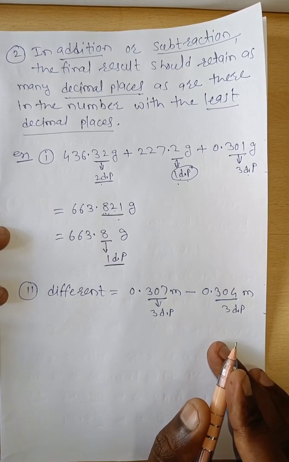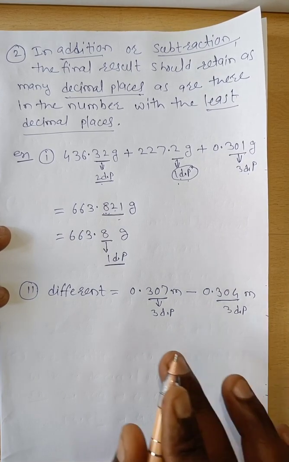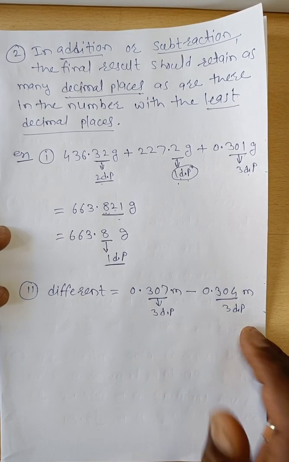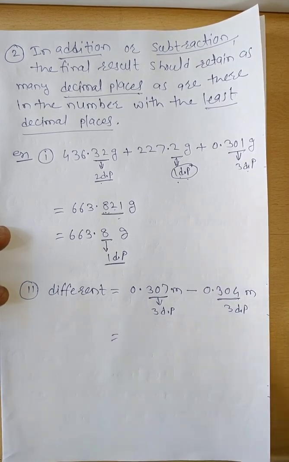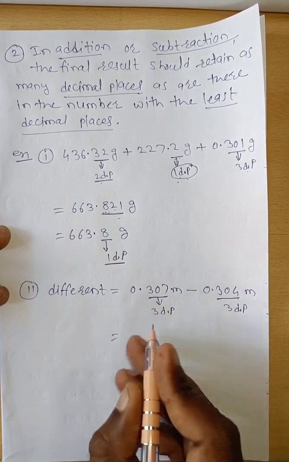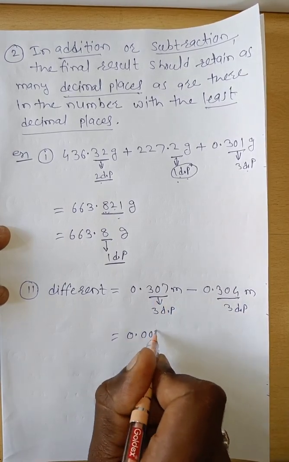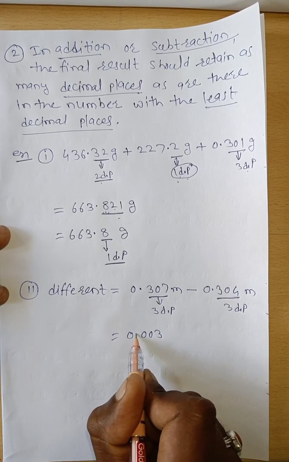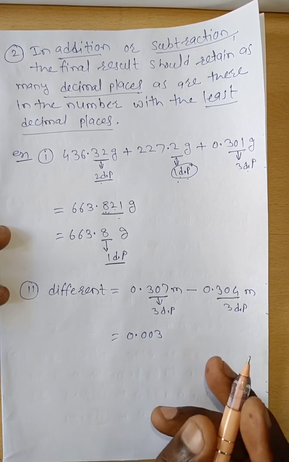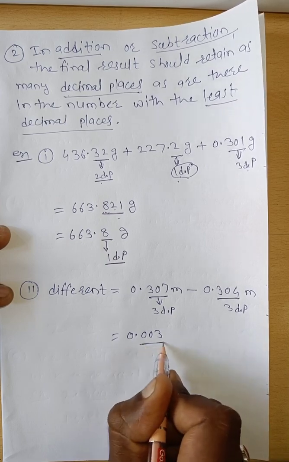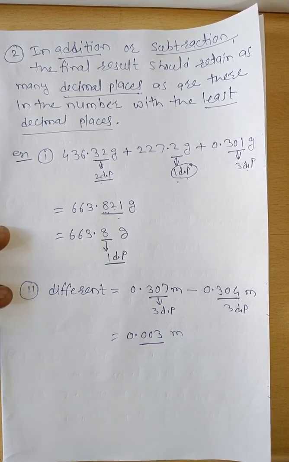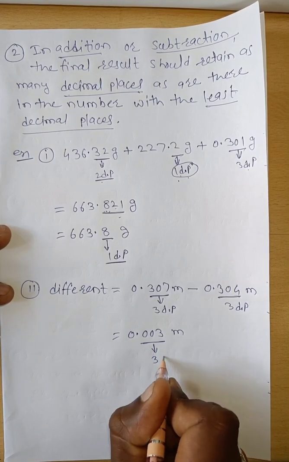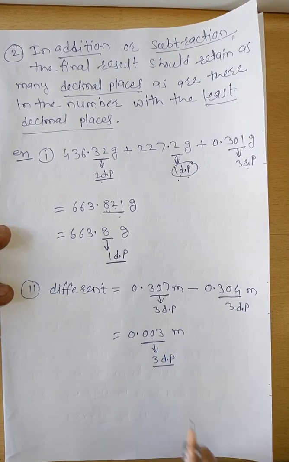Then our answer should have the least decimal places, which is nothing but three decimal places. Then the subtraction is 0.003. This 0.003 has three places after the decimal. Therefore, this is your final answer, in three decimal places.